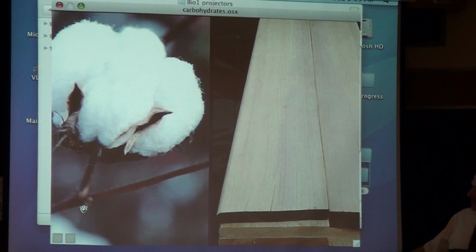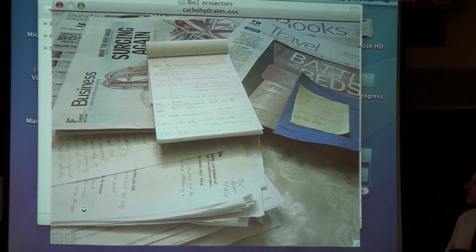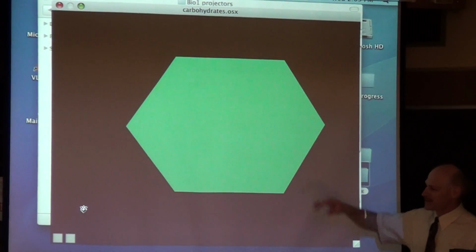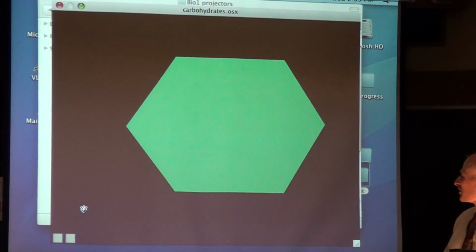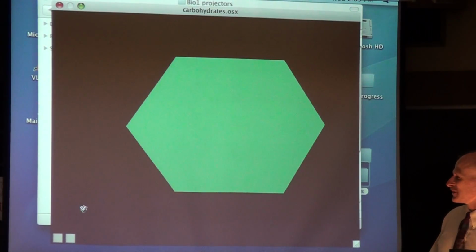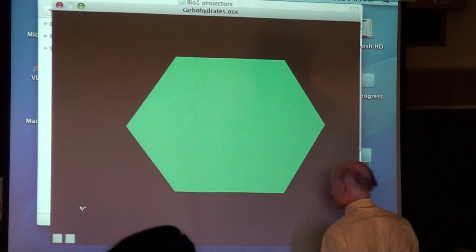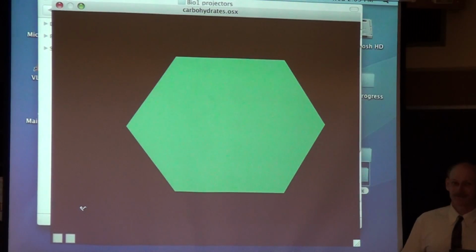Okay, now let's talk about the actual molecules involved in carbohydrates here. Here we go. This is going to represent one of the monomers of the carbohydrate family of molecules. And just looking at it, how many carbons are there? 6, right?